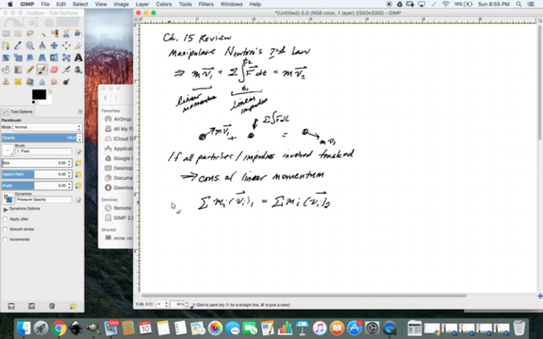And we went on to talk about one special application, which was collision. So in collision, we started by defining a couple of terms.